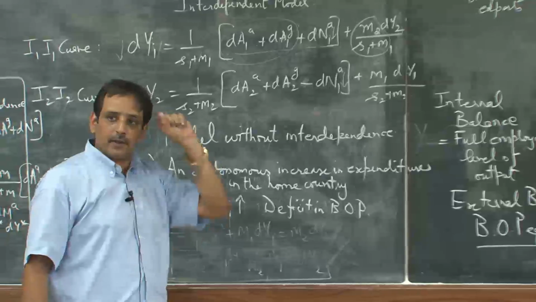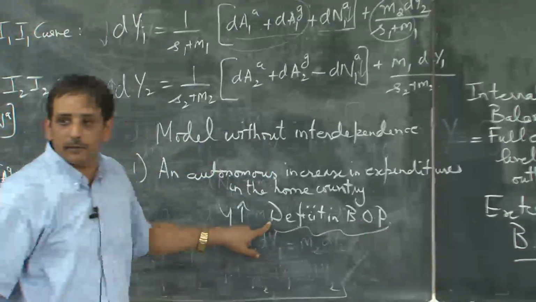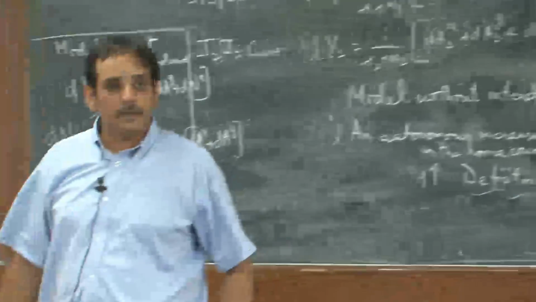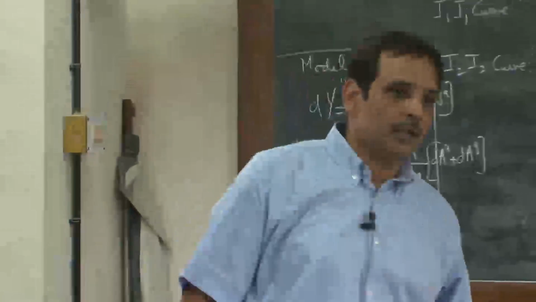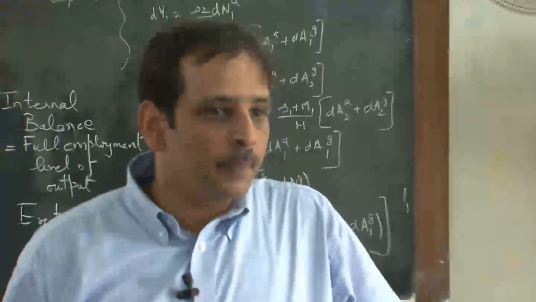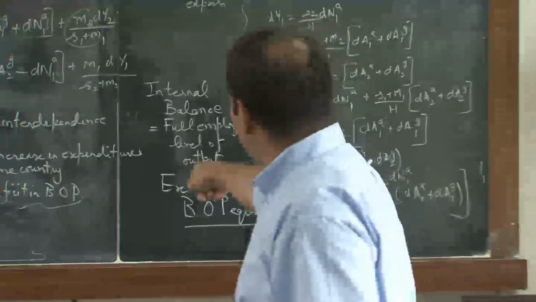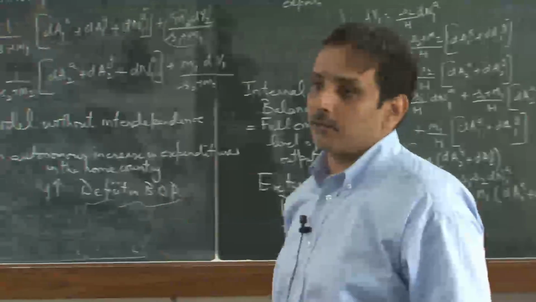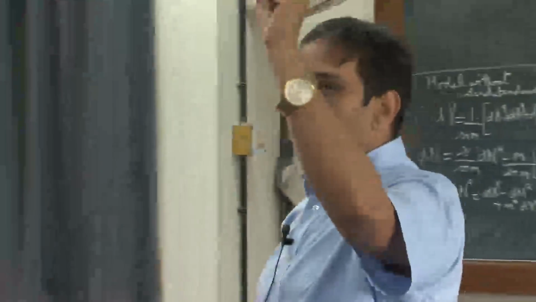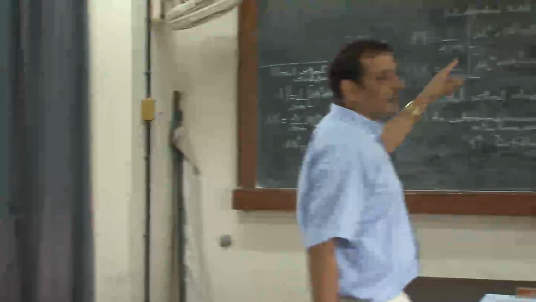If he only focuses on the external part and he wants to curb the deficit in the balance of payment, he will switch expenditure from foreign to home goods, isn't it? So when you do that, you can take care of the deficit in balance of payment. But never realizing, when you switch your expenditure from foreign to domestic goods, see what happens to the DN1A term.